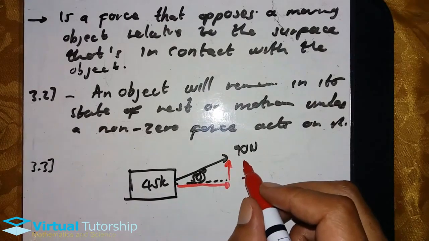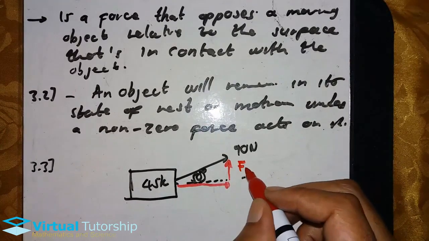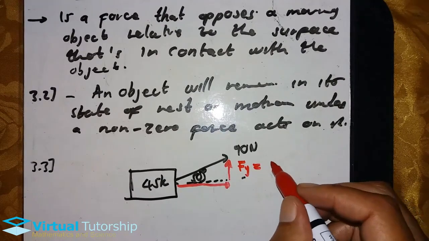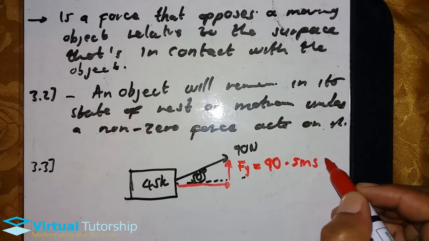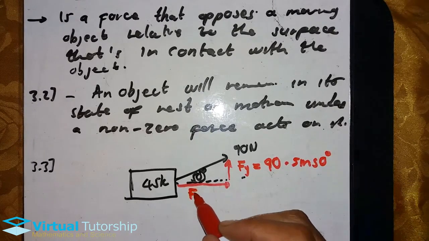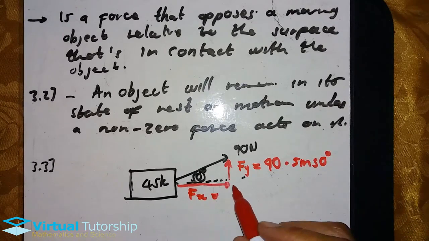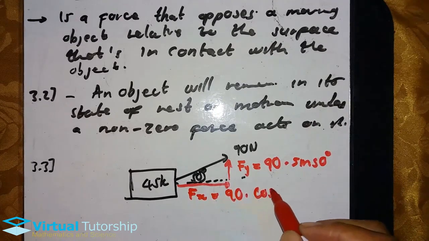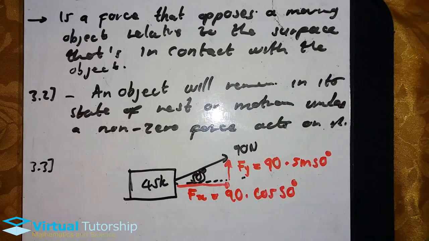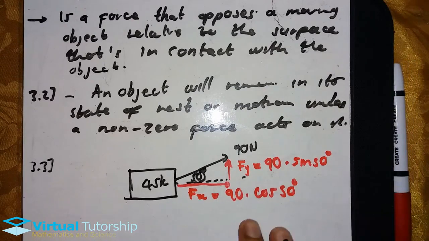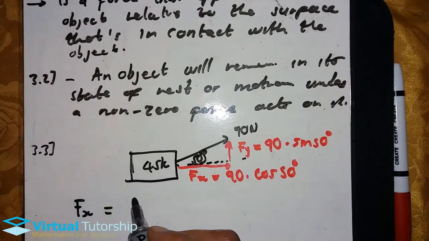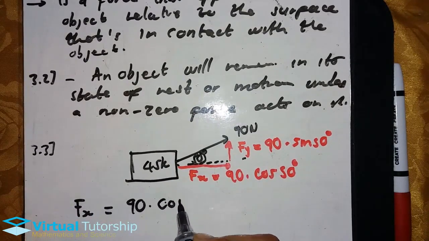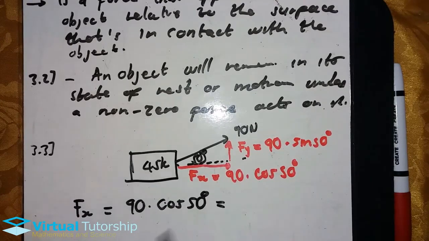The vertical component we calculate as Fy equals 90 times sin 50 degrees. The horizontal component, Fx, is 90 times cos 50 degrees. But here we calculate only the horizontal component of the applied force. So the horizontal component is Fx equals 90 cos 50 degrees.